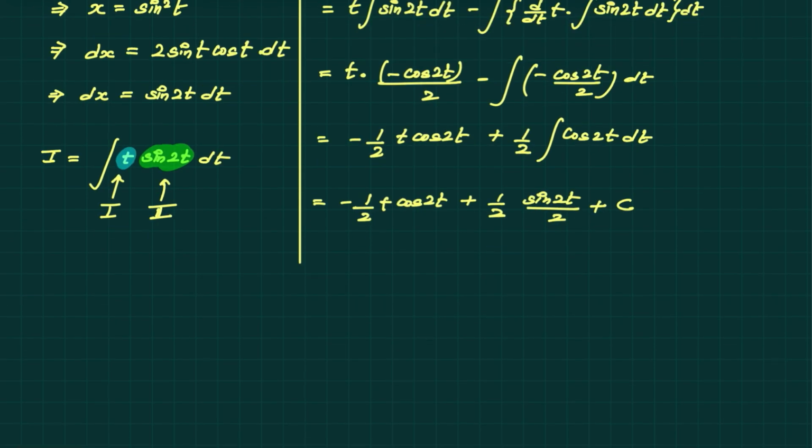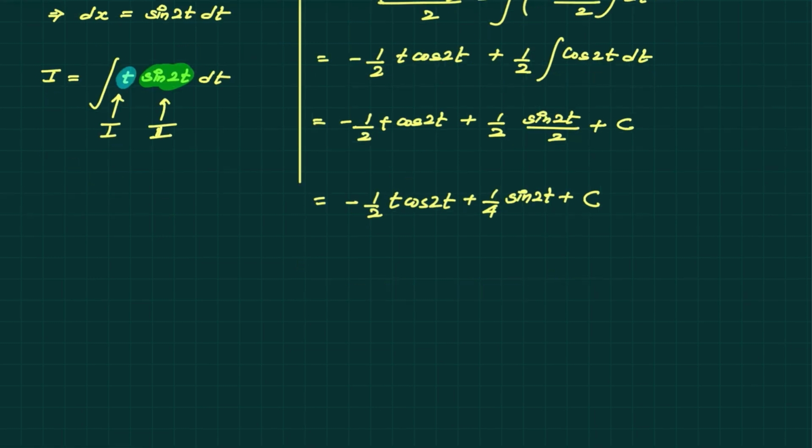Now the integration has been done. Now let us put back the value of t: plus 1 by 4 sine 2t plus c. Before substituting the value of t, let me make small changes here. We can write cos 2t as 1 minus 2 sine square t, plus 1 by 4 sine 2t can be written as 2 sine t cos t, plus c.